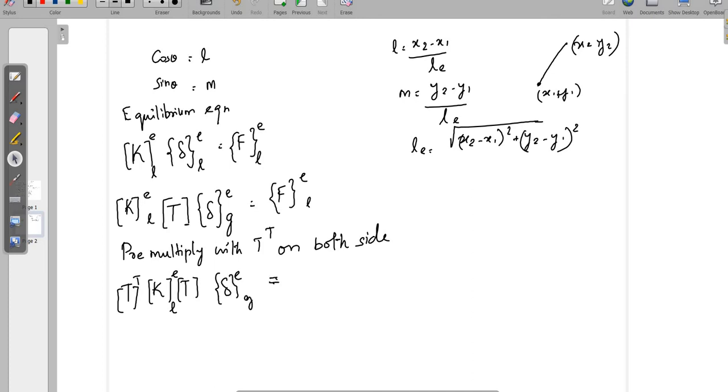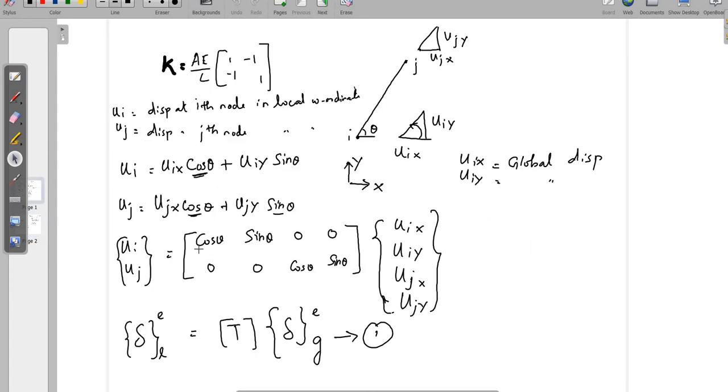And here also T transpose, scalar form, and F is in vector form for local level. So now I am going to evaluate T transpose FE local. What is T transpose initially?